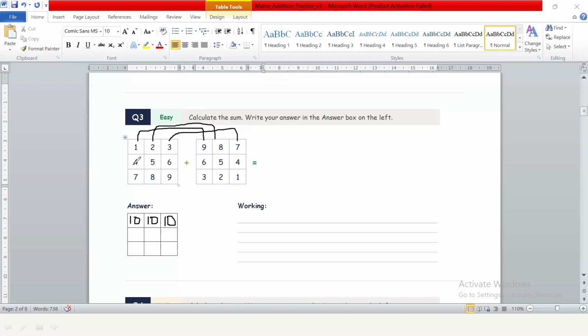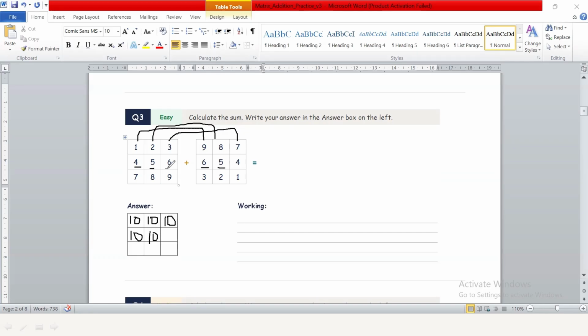Now we move to the second row, under the first column. In this case, we have 4 adding 6, which of course is 10. Then we move to the next one. We have 5 adding 5, 10.